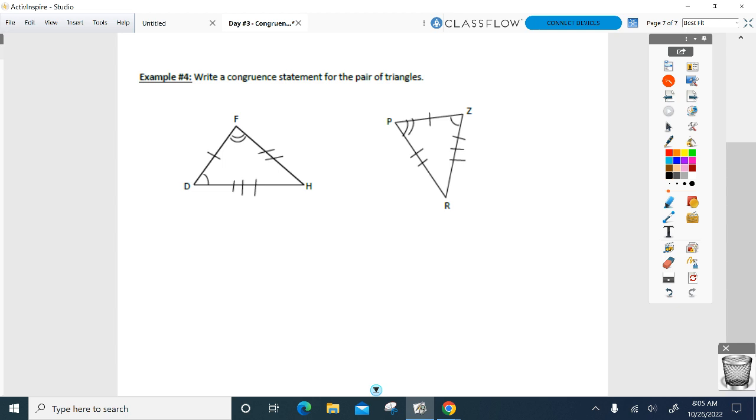So go ahead right now. You're going to come up with your own triangle so-and-so, congruent to triangle, and the angles inside should match up. Name the first triangle any way you want, remember. Then the second triangle, the sides and angles should match up.